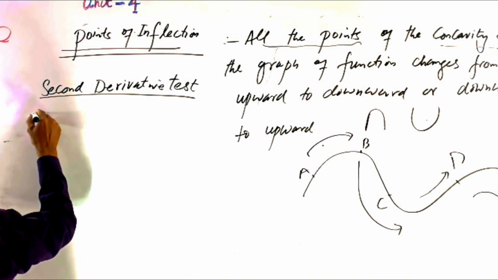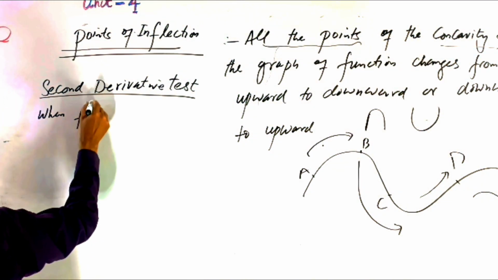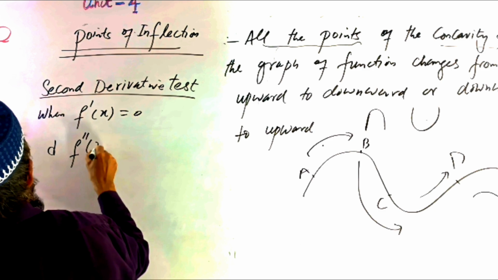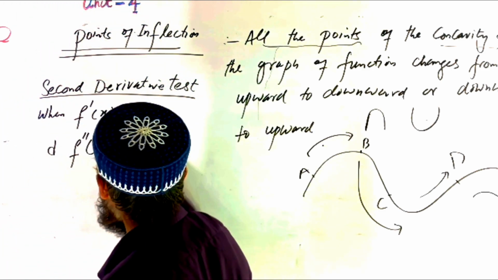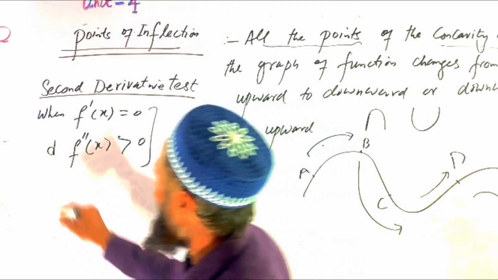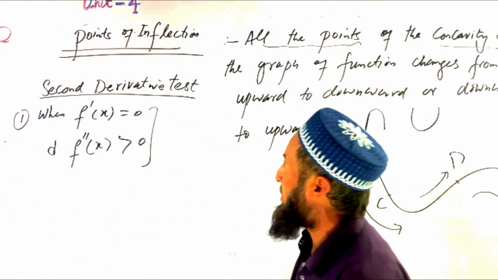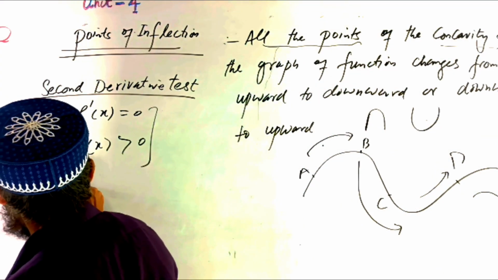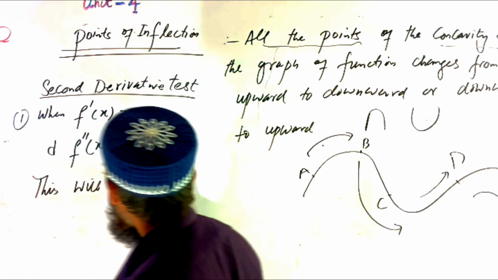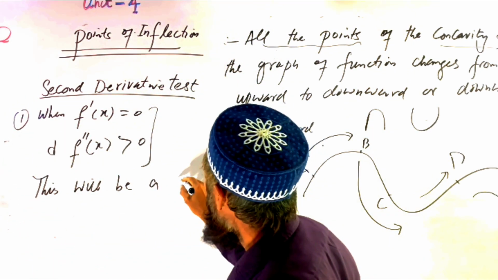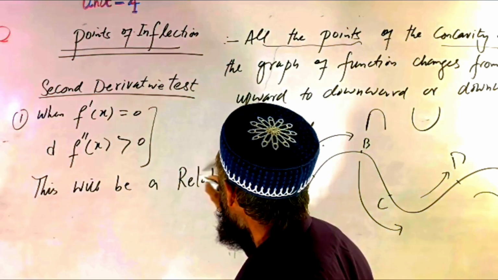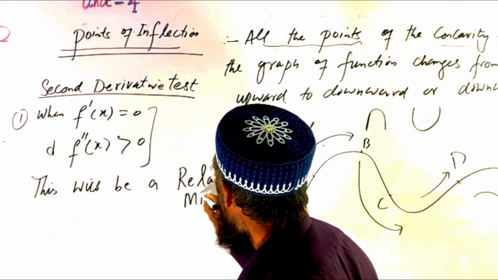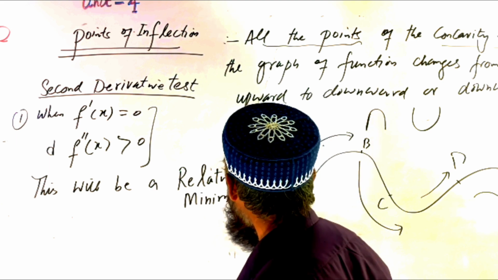So when f dash is equal to 0 and the second derivative, if we test, is greater than 0, the function will be a relative minimum function.